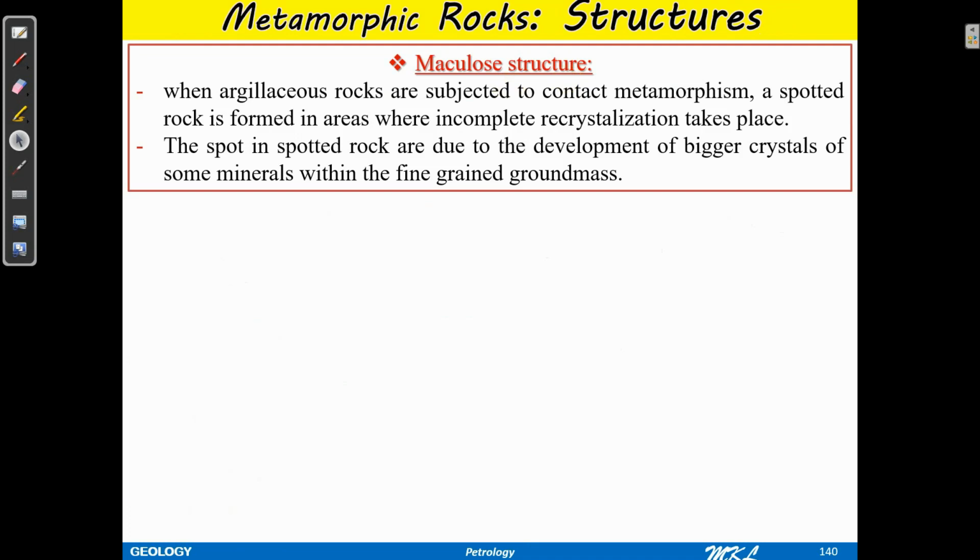For the macular structure, you will see some white spots within a black background rock, or in a darker shade rock you will find some spots. That's the macular structure. For the cataclastic structure, you will see angular breccias and mylonites.